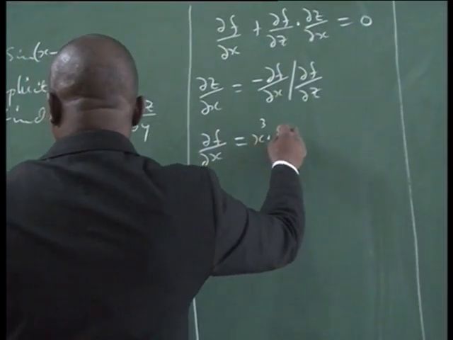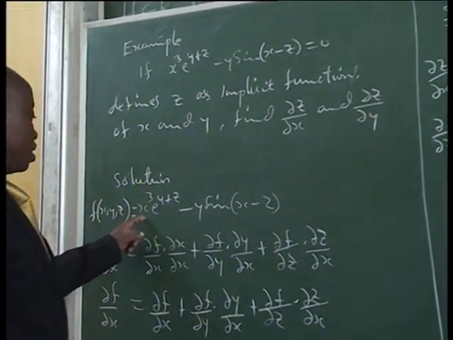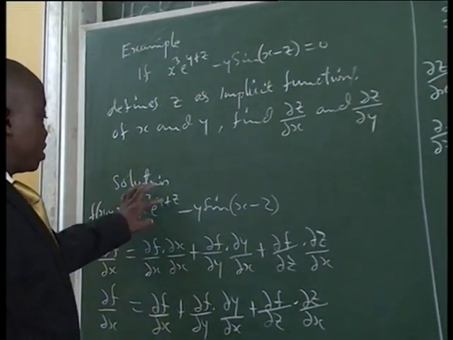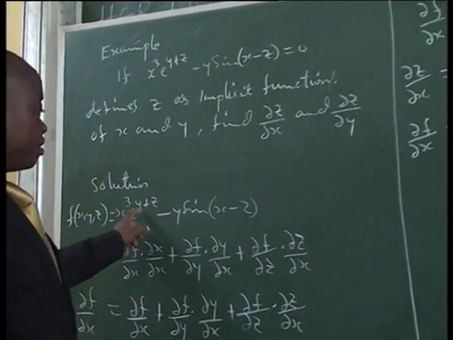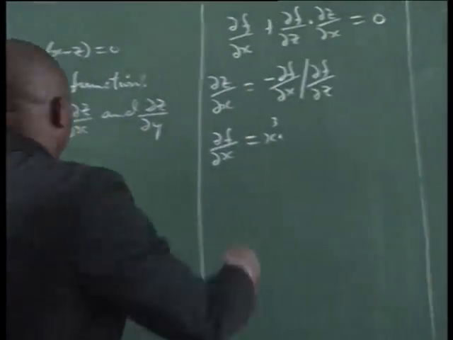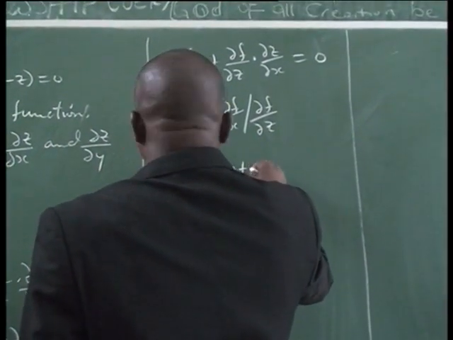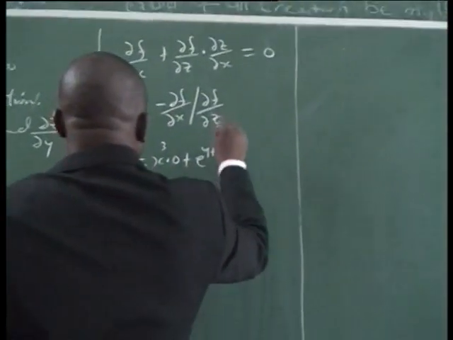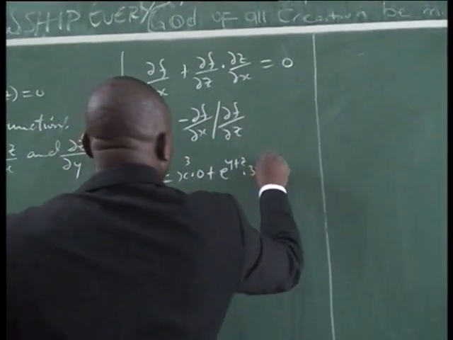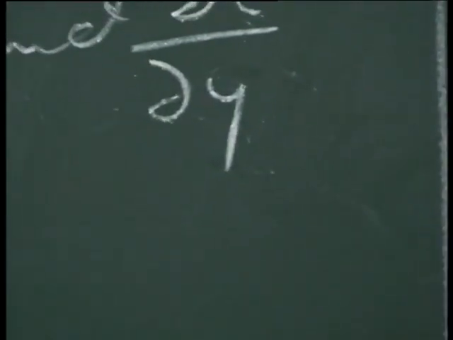This is a function that doesn't carry x, but it's a function of its own. So we have x cubed times 0 plus exponential y plus z, then we have 3x squared. Then we go to this term to also differentiate with respect to x.